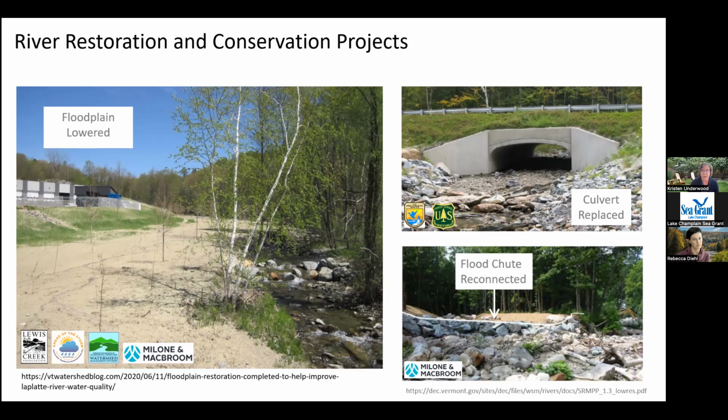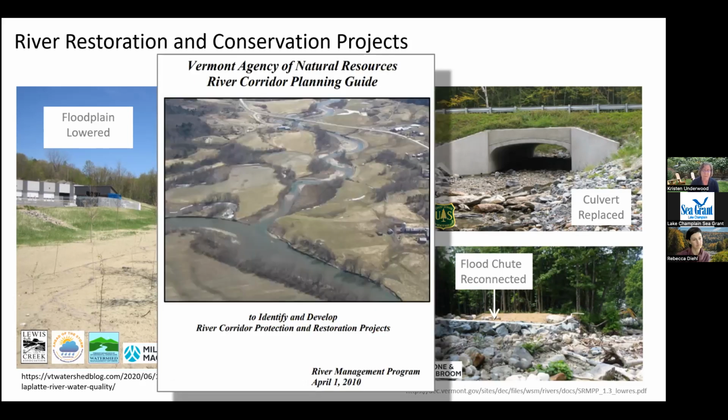Many of you here on the call, including state and federal agencies, conservation districts, watershed groups, engineers, consultants, have been involved in projects over the years to lower floodplains, replace undersized crossings, or reconnect flood chutes, for example. Often these projects were identified in the context of a river corridor plan, following guidance from the River Management Program and Mike Klein.